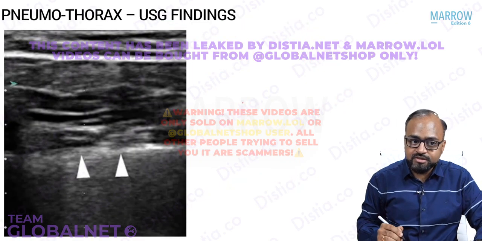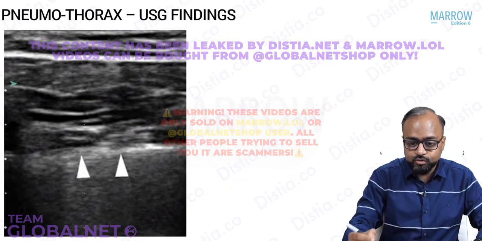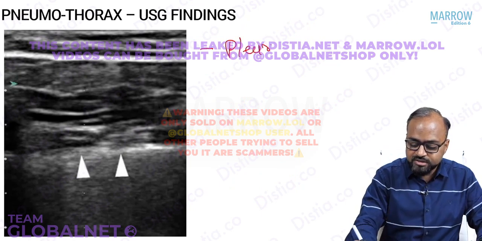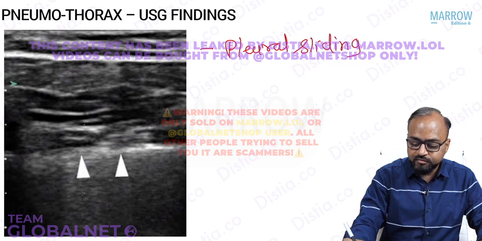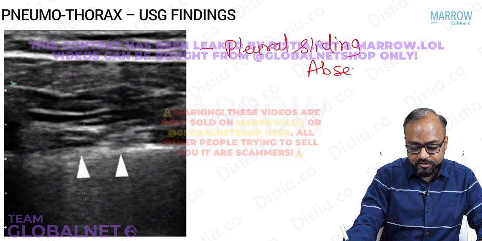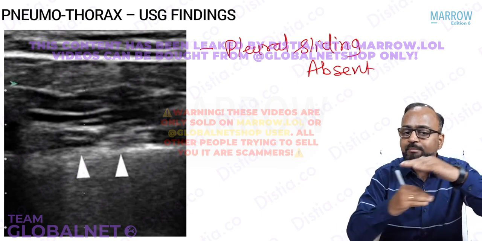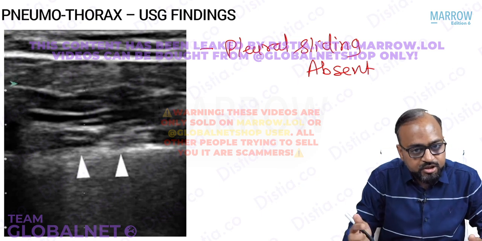Now we have already discussed pneumothorax. You will see the pleura, but the pleural sliding will be absent, because we have discussed that the air within the pleura will not move up and down with inspiration and expiration.